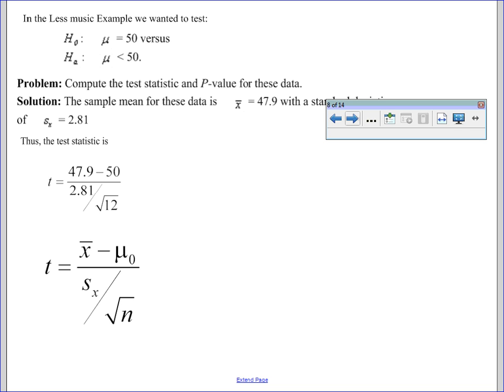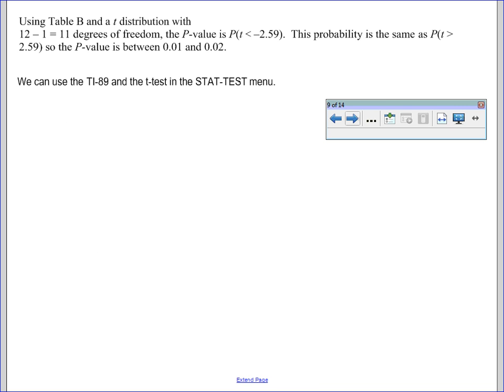And so here's what we had just said, our null hypothesis, our test statistic. They rounded a little bit more than I did. And so we will get a t-value of negative 2.59.